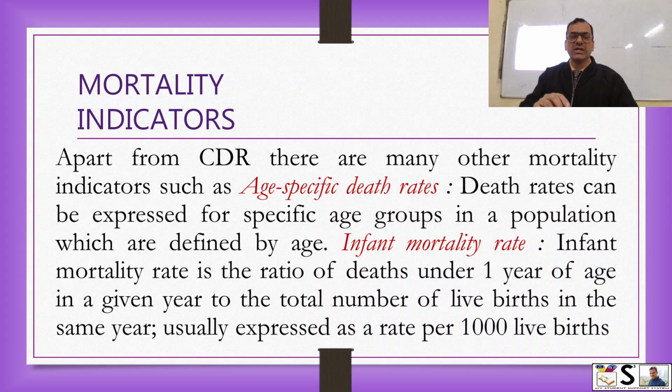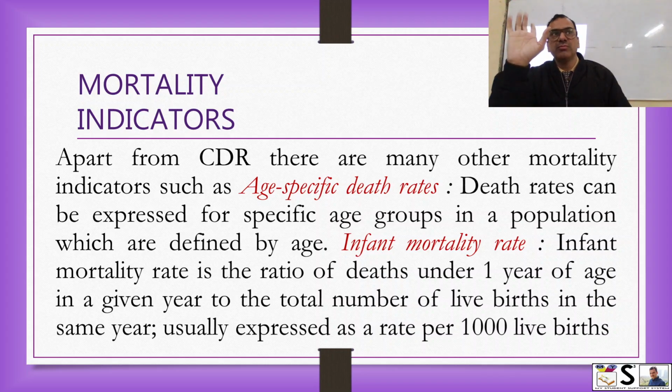So infant mortality rate is the ratio of deaths under 1 year of age in the given year, how many deaths occurred in the whole year among children up to 1 year, to the total number of live births in the same year, and it is expressed per 1000 live births. So how will we calculate it? We will not calculate it from the total population. Actually CDR is calculated per total population, but infant mortality rate is calculated per the number of live births, how many births took place in our area.